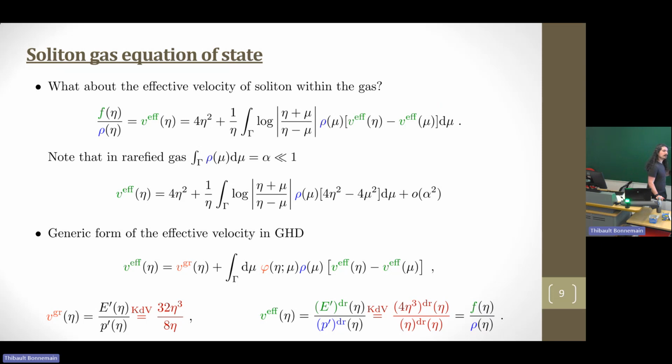We also know that the momentum of KdV by convention will be chosen for eta squared as well. So E prime should go as eta cubed, which means that the effective velocity should go as eta cubed dressed over eta dressed. And this, using the identification from last slide, is exactly it. The ratio of the spectral flux over the density of states. So those two approaches are consistent this way. Okay.